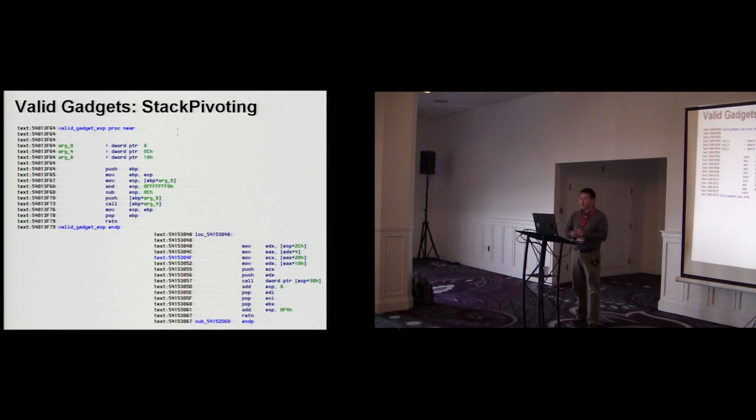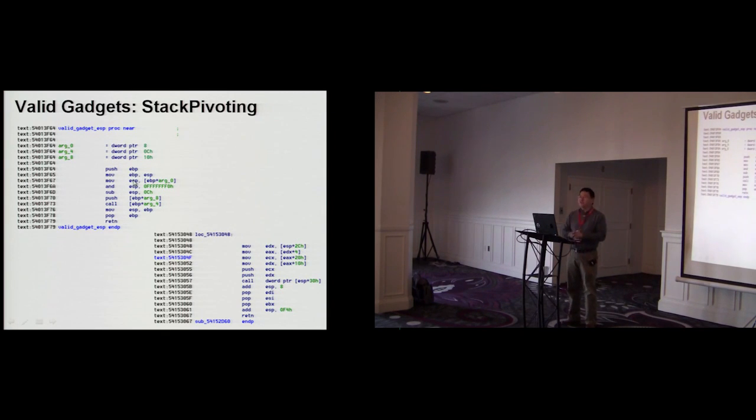But here I want to show another approach to the stack pivot, because the valid code itself could have all kinds of different logic. For example, here is a very interesting gadget in real software. When you call this function, they do a bunch of things, but the most interesting thing is they use the first parameter as ESP.